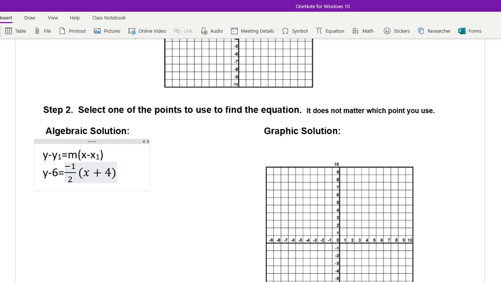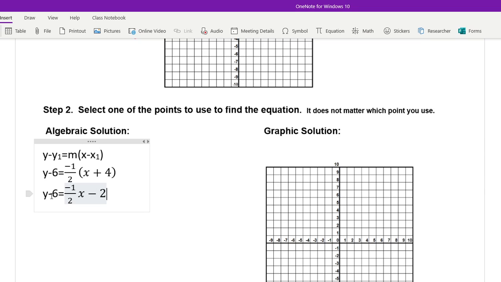Then we go through the steps that we had last time, where we distribute. -1/2 times x is -1/2 x. And then -1/2 times a +4 would give me a negative, or in this case, subtracting 2.